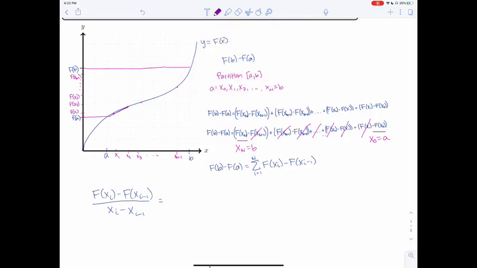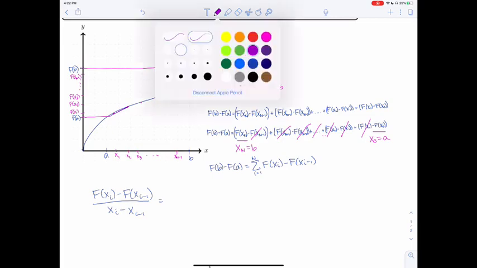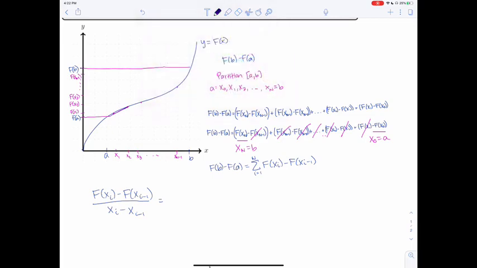And recall that by the mean value theorem, this is equal to F prime of some point ci for ci in the interval xi minus 1 to xi. And this is by the mean value theorem.